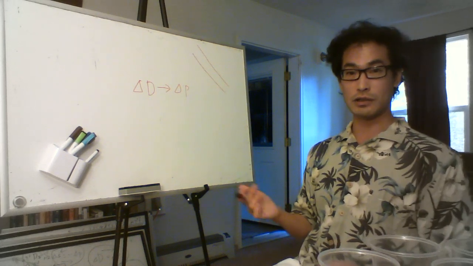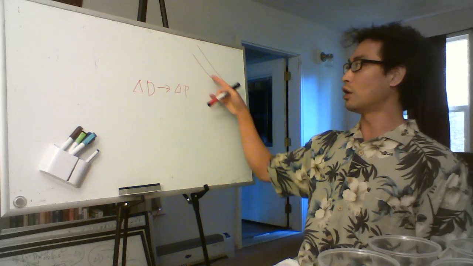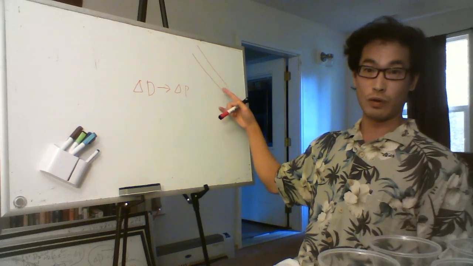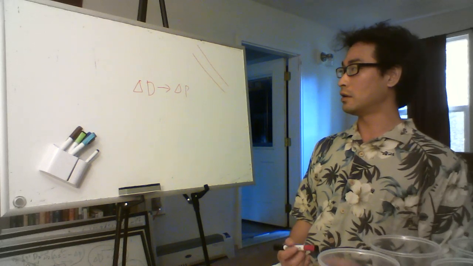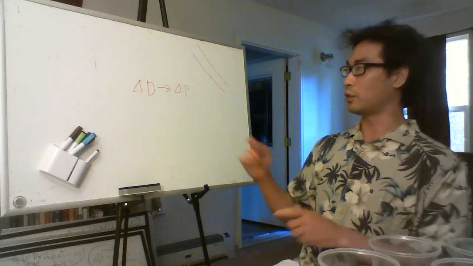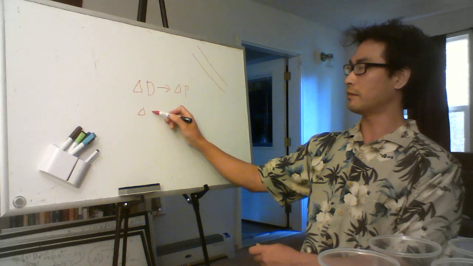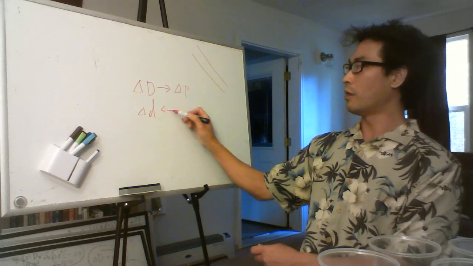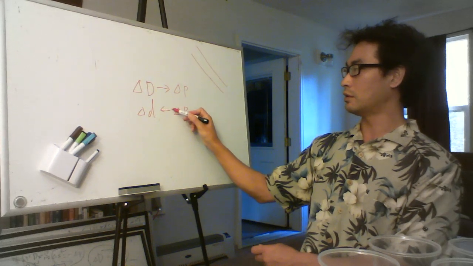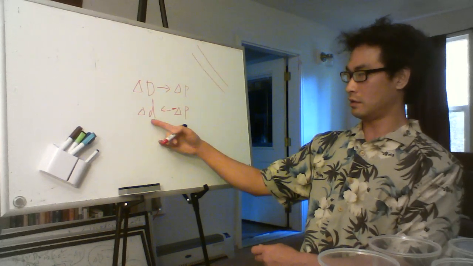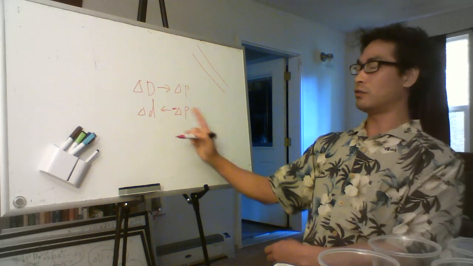Small d is transactional demand. Small d moves along the same curve, one curve, the transactional demand curve. When price goes down, transactional demand will go up.